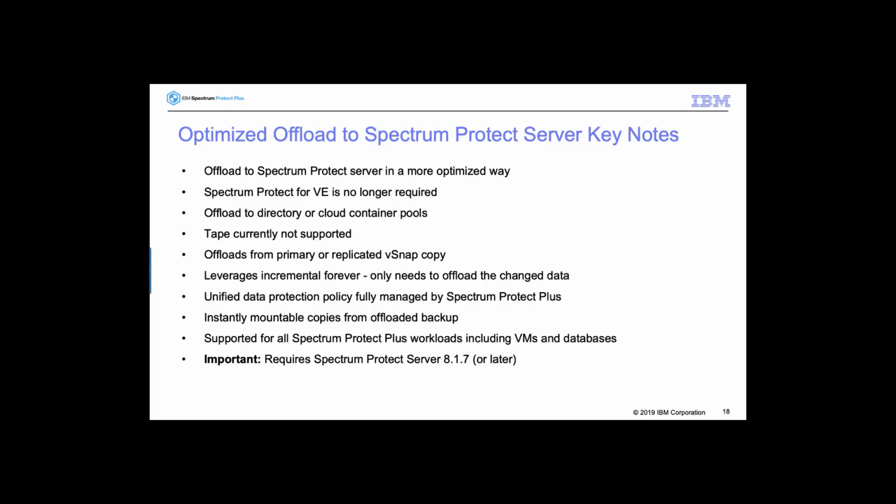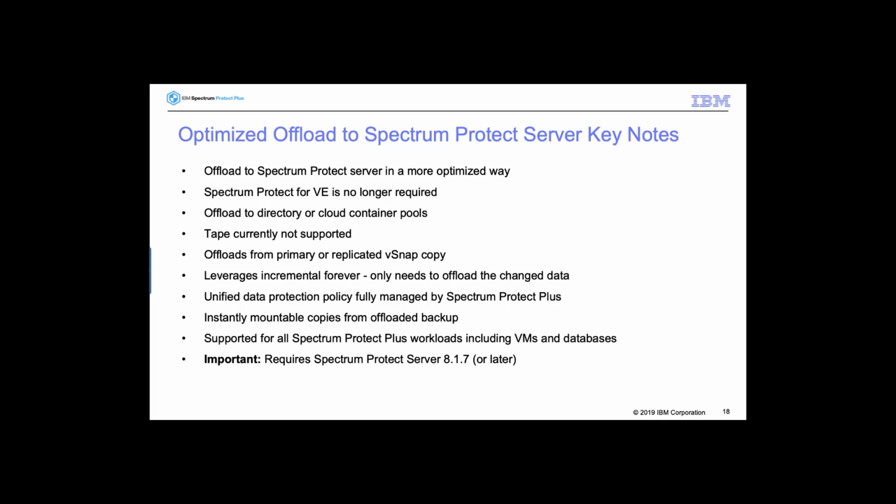Now, for those of you who've been following Spectrum Protect Plus, you know that we always offloaded to Spectrum Protect, but we used Spectrum Protect for VE to do it. And what we found is that was a little complicated to implement, first of all, and second of all, it only supported VMware workloads.